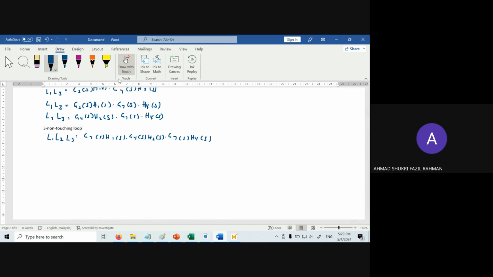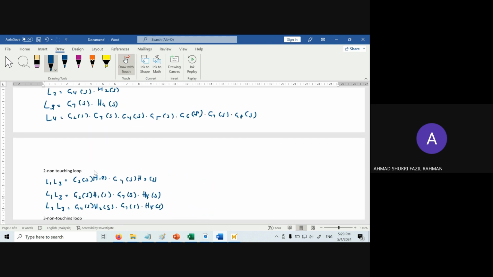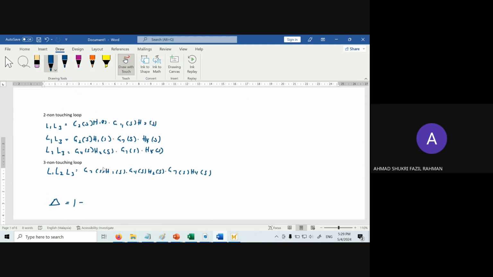So we find delta. So delta is given by this equation. Delta, 1, then we start by minus 1 touching loop, total sum.